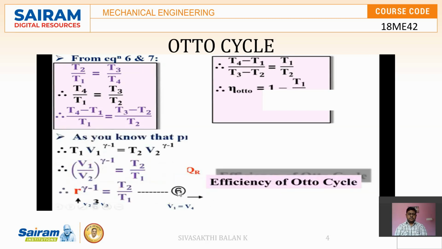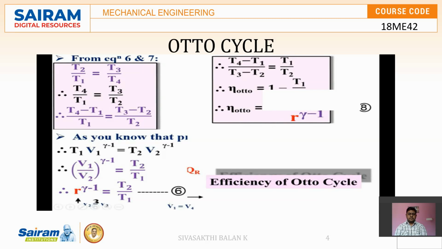Now from equation number 6, T2 upon T1 is equal to R raised to gamma minus 1. So I can find T1 upon T2, which is the reciprocal of this one. So 1 minus the reciprocal, that is 1 upon R raised to gamma minus 1. Let's say it is equation number 8, and that is the efficiency of the Otto cycle.